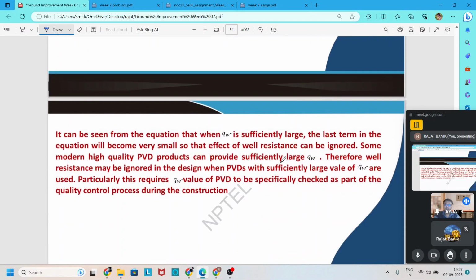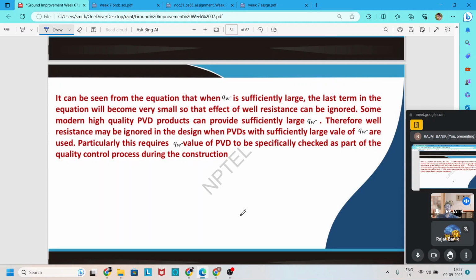In the next slide it is discussed that it can be seen from the equation that when qw, the discharge capacity, is sufficiently large, the last term in this equation will be very small, and so the effect of well resistance can be ignored. Some modern high quality PVD products can have sufficiently large qw. Therefore, well resistance may be ignored in the design when the PVD has a sufficiently large value of qw.